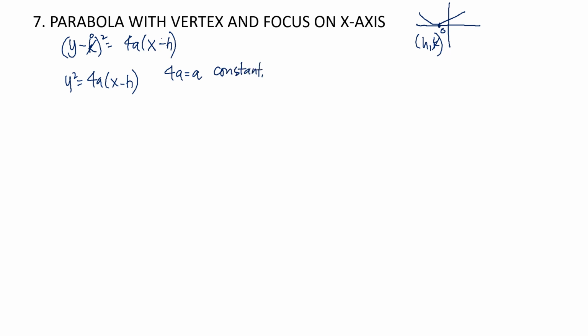So, we will stick to that. So, our working equation now will be y squared is equals to a times x minus h. So, this is our working equation.